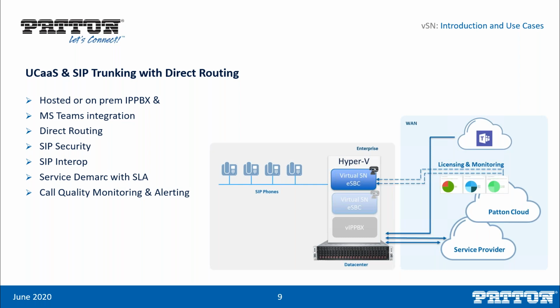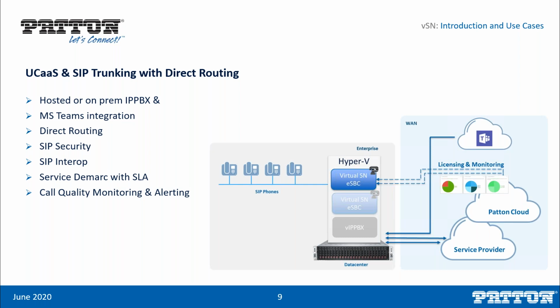But there are many other aspects in terms of SIP interoperability for which the virtual smart node is the perfect solution. Another item is call quality, service demarcation, monitoring service level agreements you or your customers have towards their clients, basically.